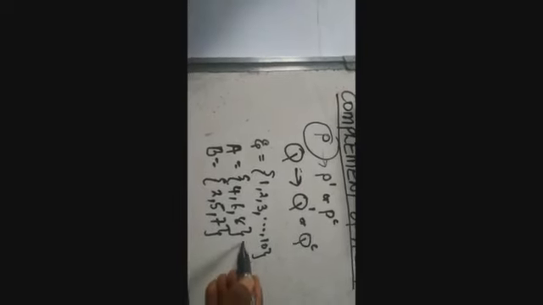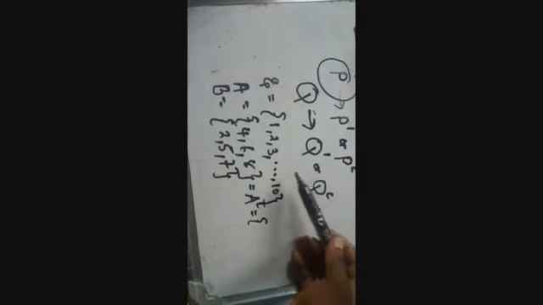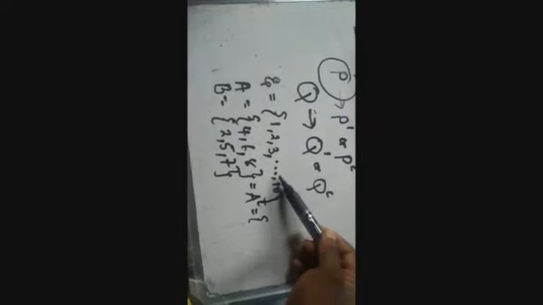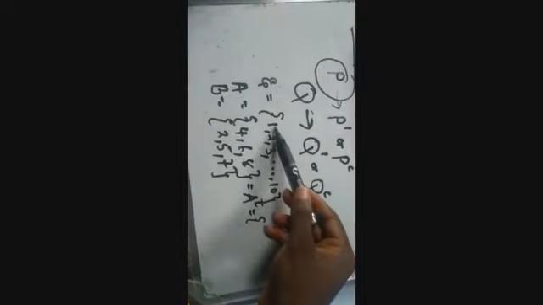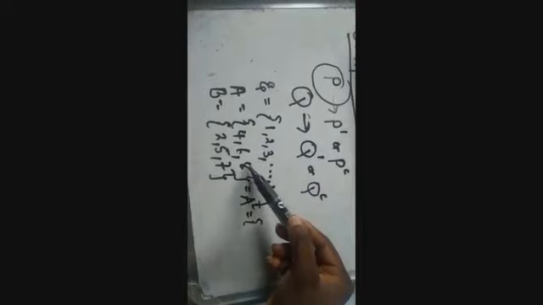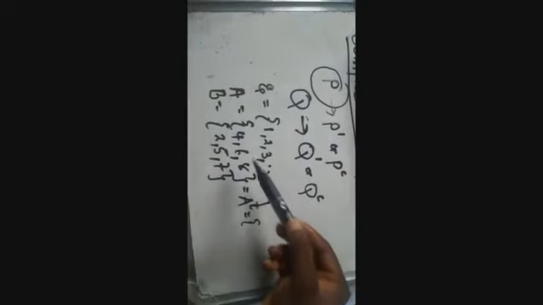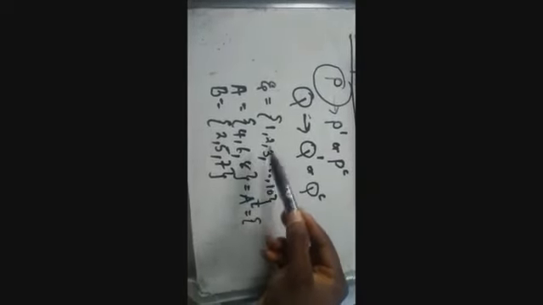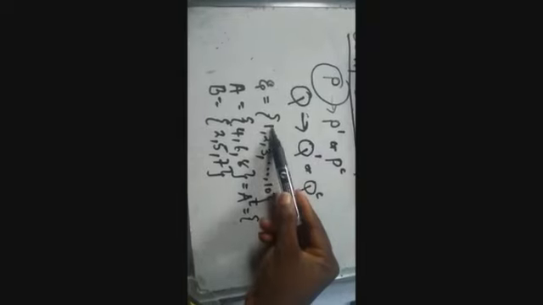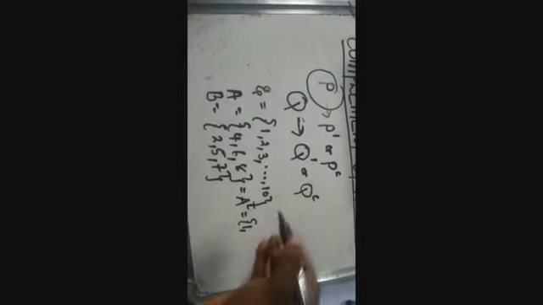So if we are asked to find a complement, how do we find it? A complement simply means the elements you can find in the universal set that you cannot find in A. You can find 1 here, there's no 1 in A, so 1 is included.